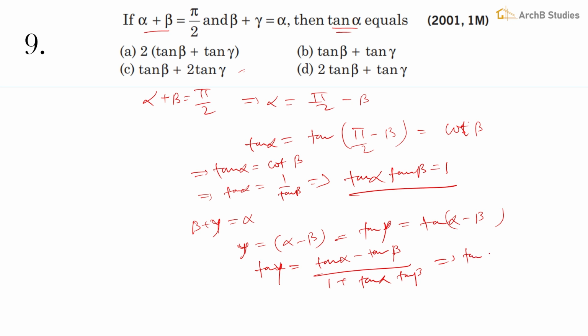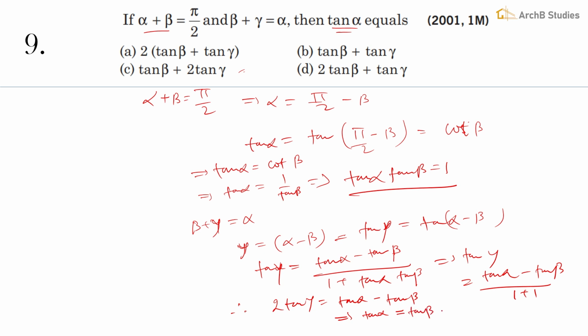This implies that tan gamma will be tan alpha minus tan beta upon 1 plus 1, so 2 tan gamma will be tan alpha minus tan beta. Tan alpha equals tan beta plus 2 tan gamma. So C is the correct answer.